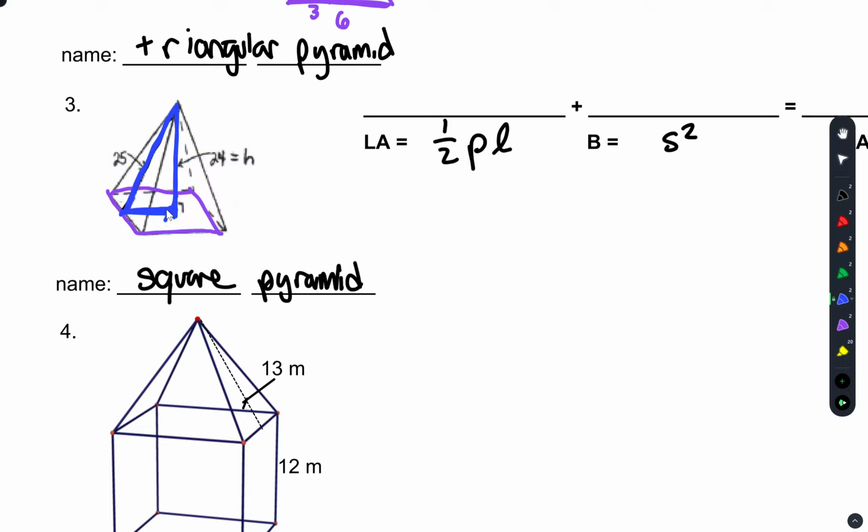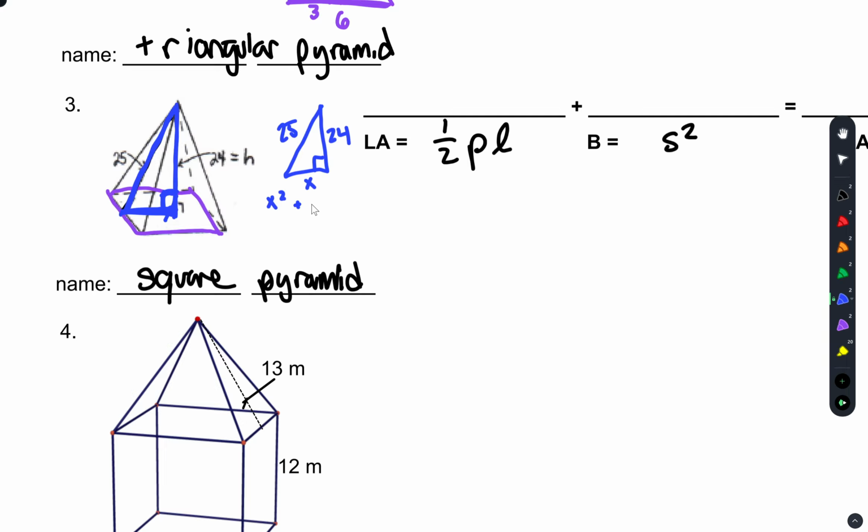Slant height, regular height, apothem make really, really nice right triangles. So if I already know in this right triangle, the hypotenuse is 25, the regular height, the long leg, is 24, and then this bottom, that short leg, is x. I'm going to use Pythagorean theorem here to figure out what that x is.